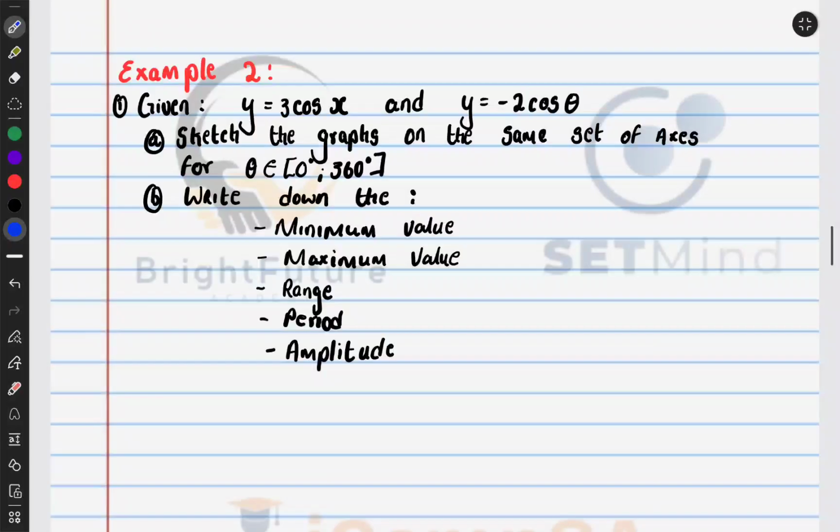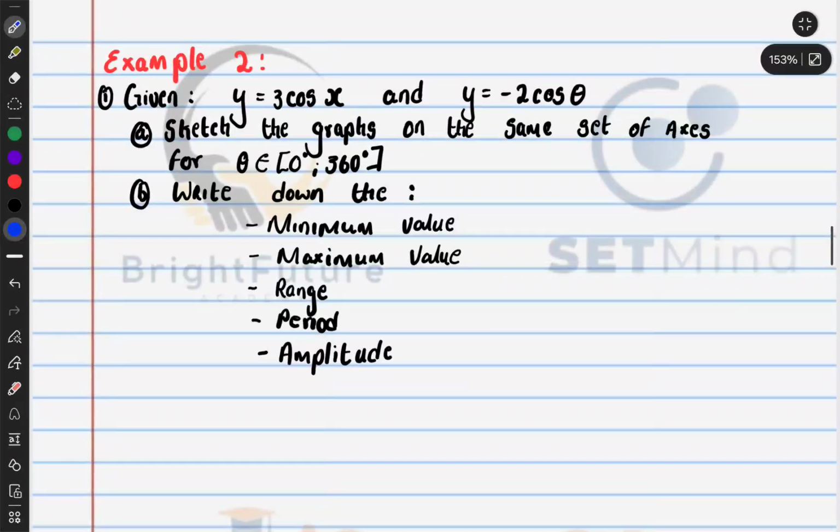Okay, so example number 2 is for the cosine function. It reads as follows: given y is equal to 3 cos x, we already know that the amplitude is going to be 3. And y is equal to minus 2 cos x, the amplitude is positive 2.